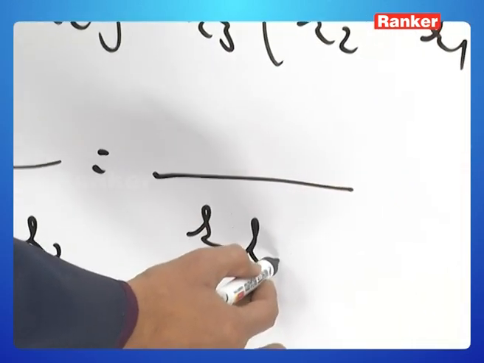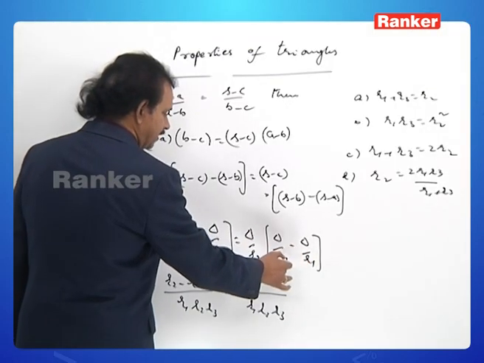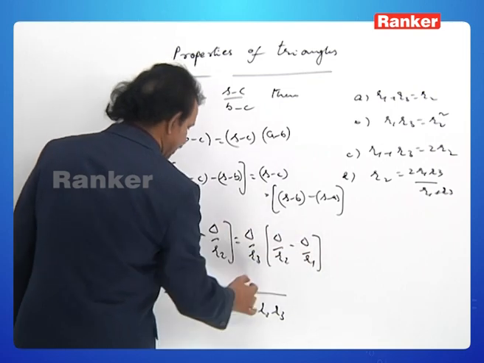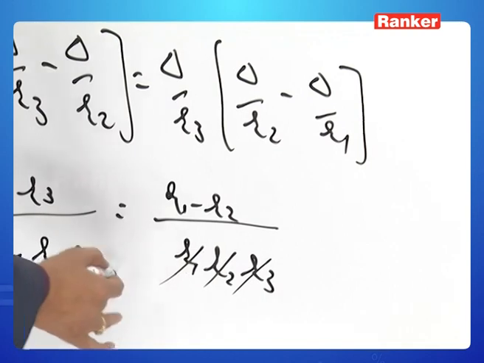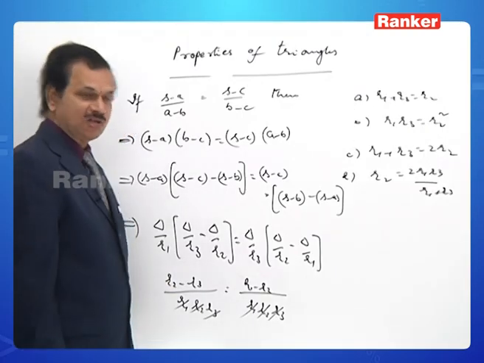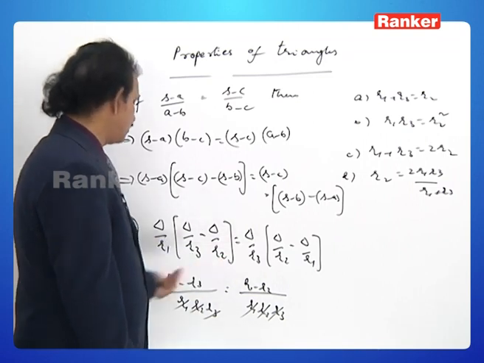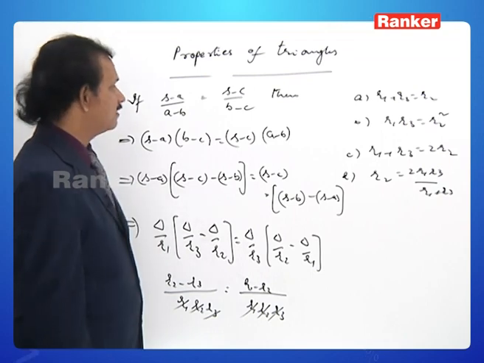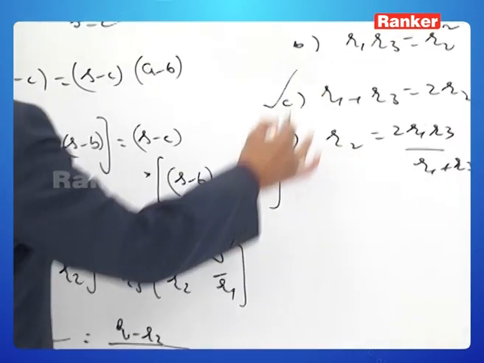It is of course R1, R2, R3. In this part only the LCM is R1, R2, so that this is R1 minus R2. Again R1, R2, R3 can be cancelled. What do you have here? R2 minus R3 is equal to R1 minus R2, and if you bring R2 here, 2R2 is equal to R1 plus R3. Is it there? Yes, of course, option C is correct.